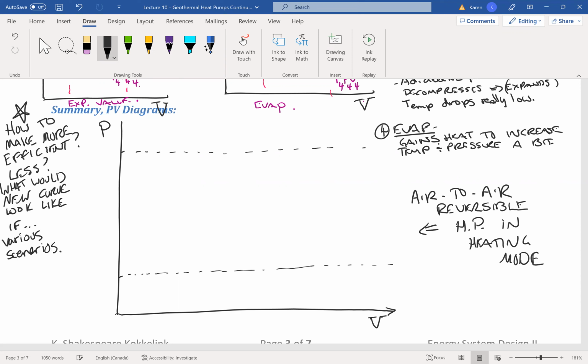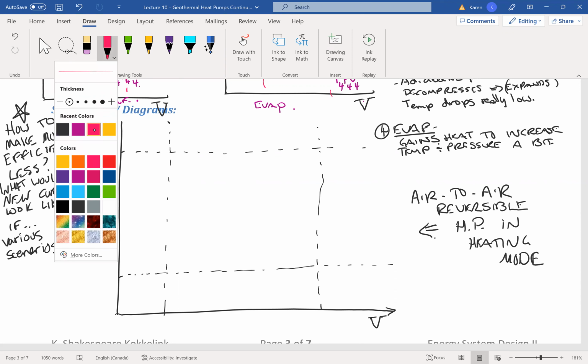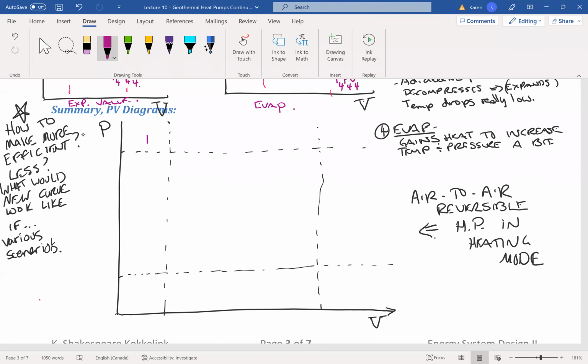And you're going to be able to come up with different scenarios. So we had a high pressure line and a low pressure line, and we have a high volume and a low volume line. And I'm just going to transcribe onto here those points that we made together.